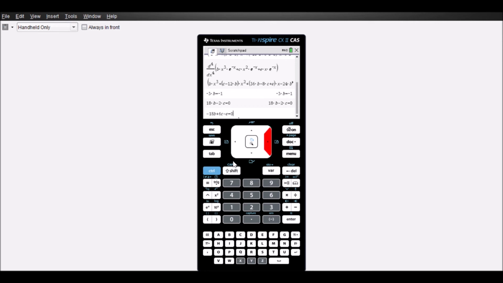So this is the system we're solving right here.